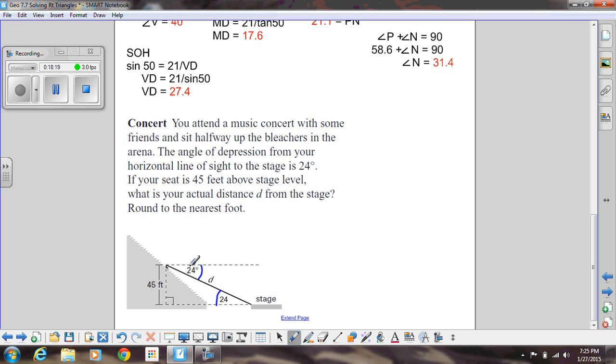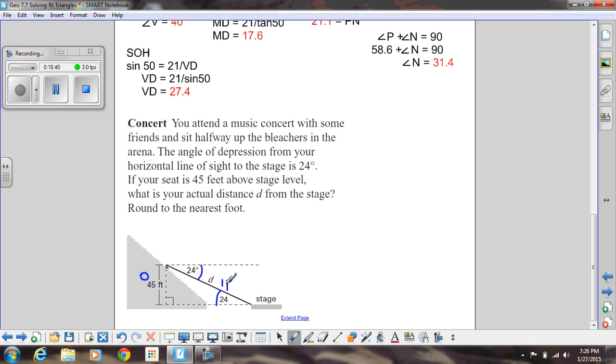So we're trying to find how far it is straight from our line of sight down to the stage, so that D distance. So if I'm doing that, let's look at this angle 24. I know that this is 45 feet tall, and that's the opposite side from my angle 24. And then I'm trying to find D, that's my hypotenuse.